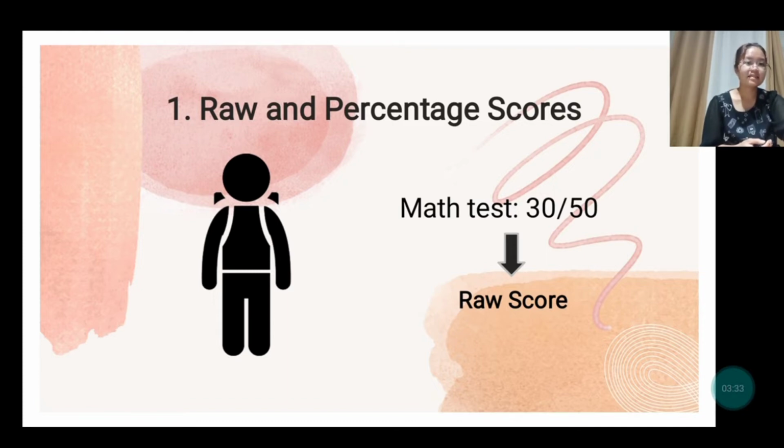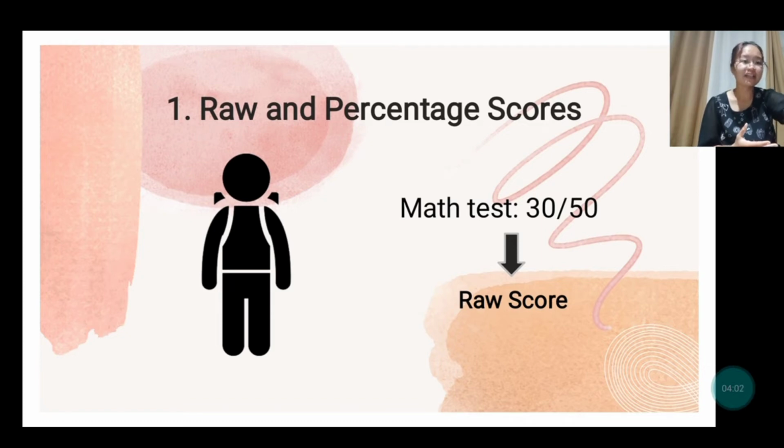So again, the raw score is obtained by counting the number of correct responses in a test, and the raw score in the math test that the student obtained is 30 over 50.